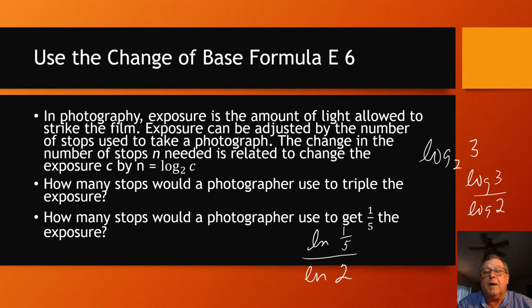That should work. All right, now we're going to go to the calculator and we're going to do these. And like I say, it's kind of interesting. Doesn't tell us what a stop is, but hey, sheds a little light into the world of photography.